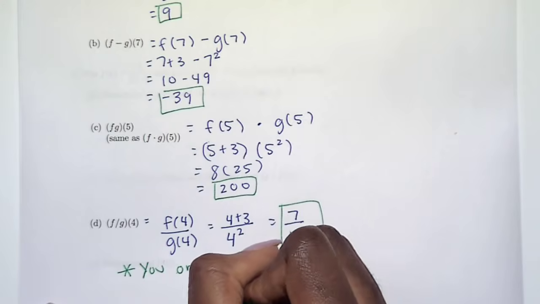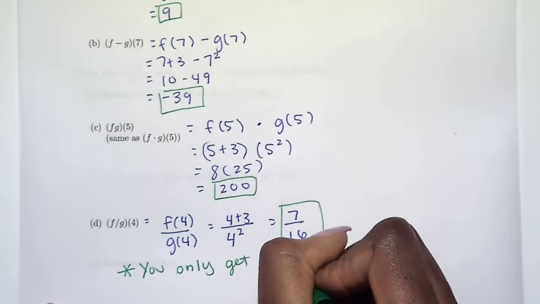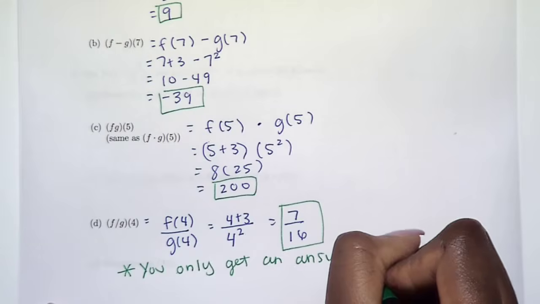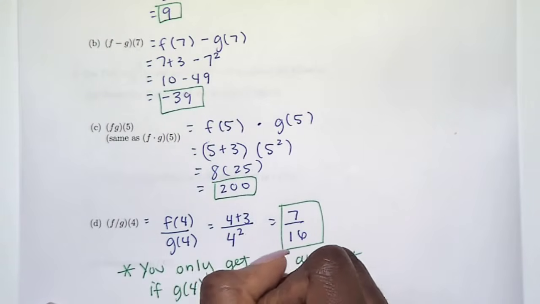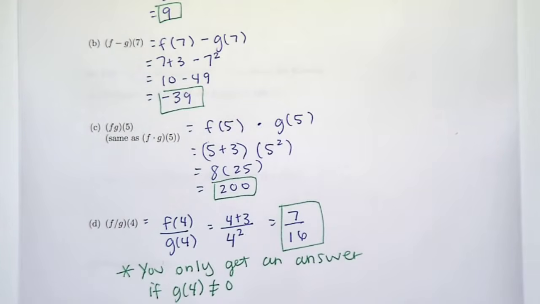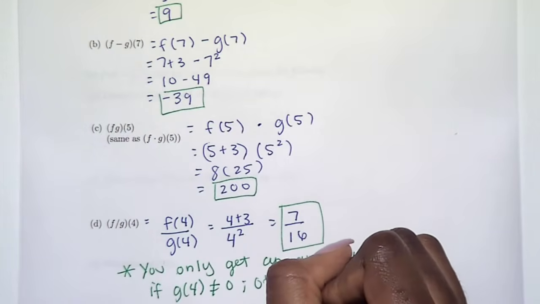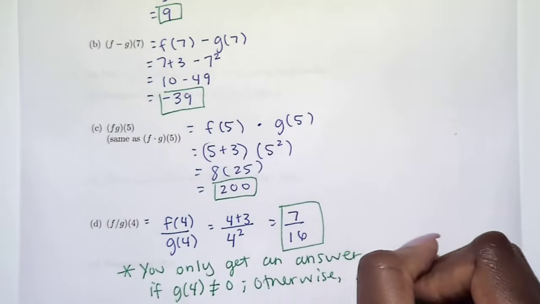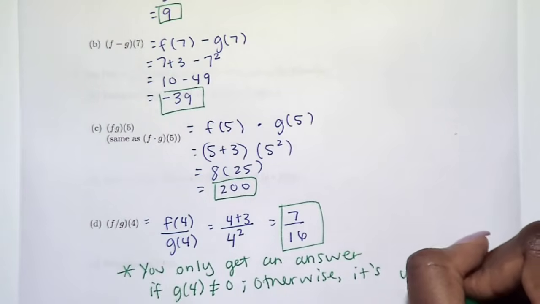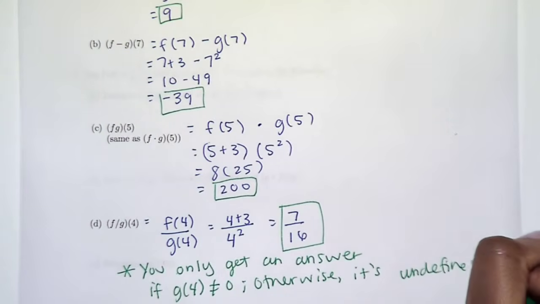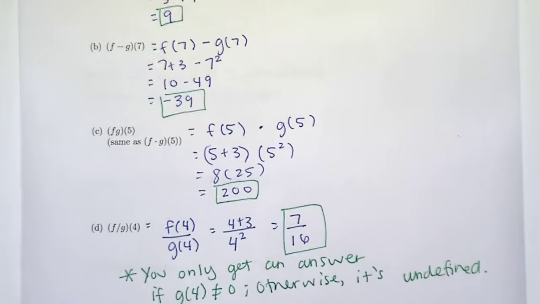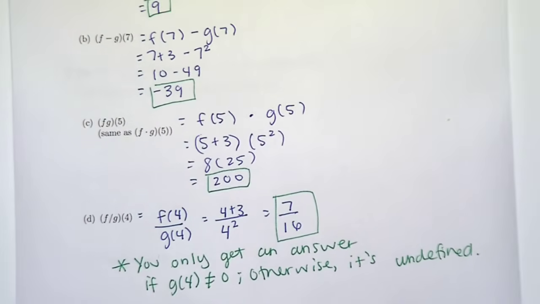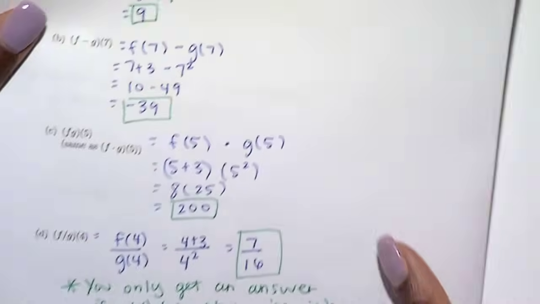You only get an answer if g of 4 does not equal 0. Otherwise, it's undefined. So again, we always want to keep the domain in mind. What issues do we have? What could go wrong? And with fractions, we know something can go wrong if we divide by 0.